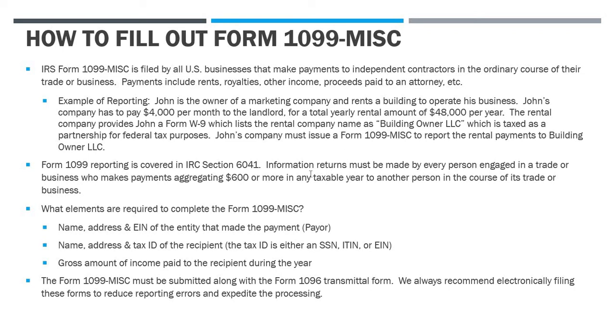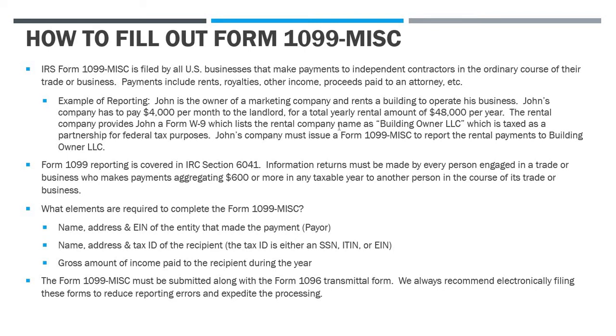Now, the specific code section that mandates this reporting is found in 6041. It says that information returns have to be filed by persons engaged in trade or business who make these payments. So personal payments are not reportable. In other words, let's say John is just renting a house or an apartment and he lives there personally and he makes payments to the landlord. That's not reportable, right?